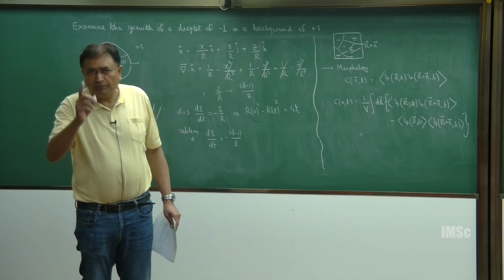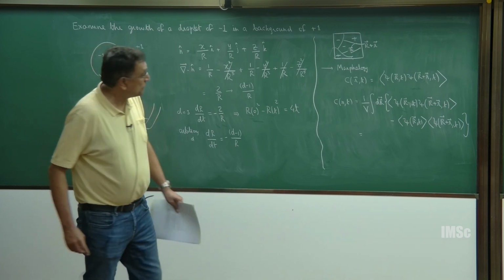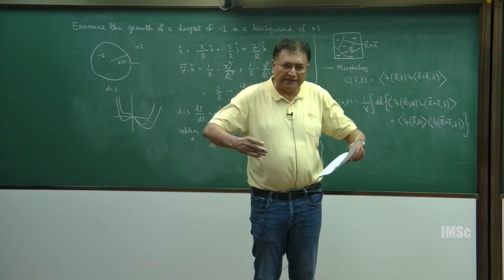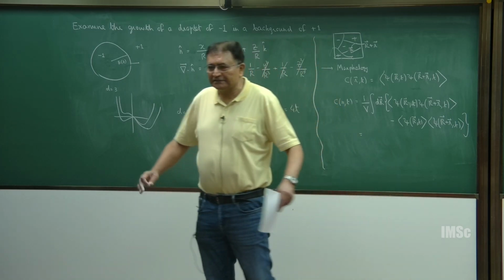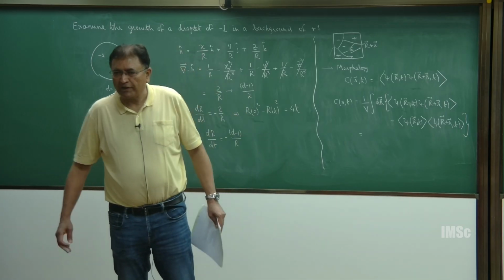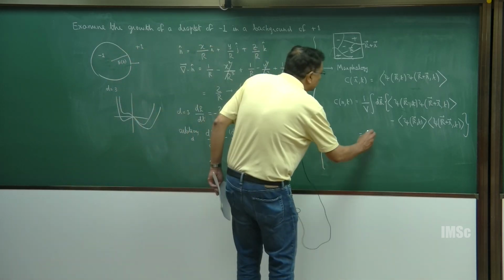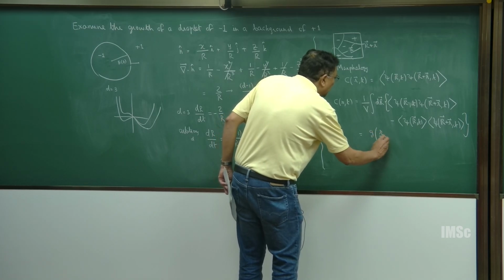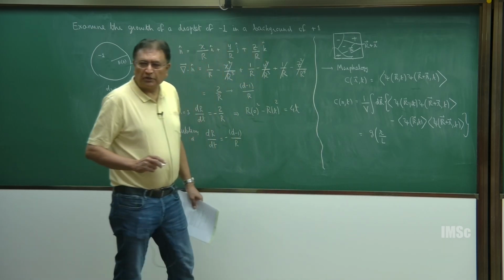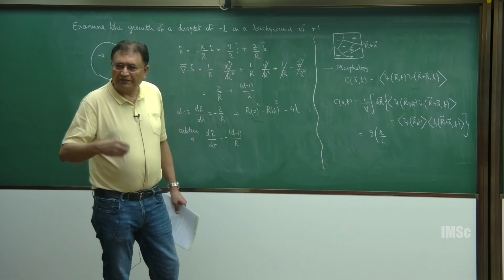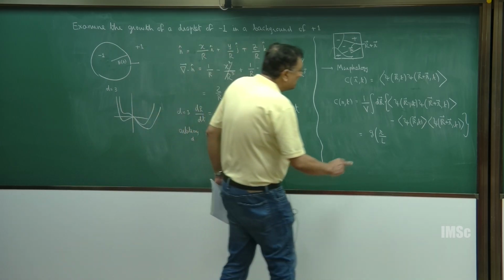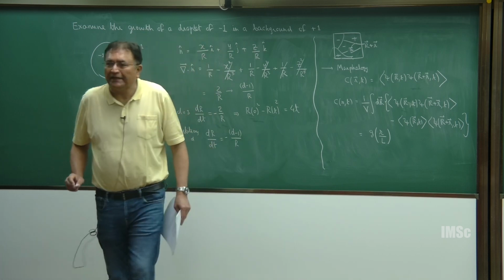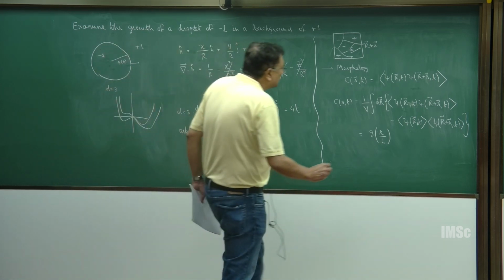I'll show you the patterns in a few minutes if you've forgotten what I showed yesterday. That means the domain scale is increasing, but statistically the pattern is the same. So one makes a statement of dynamical scaling, which is simply that in general you have a correlation function that depends on both space and time, and that space-time dependence is collapsed into the scaling variable. This is known as dynamical scaling.